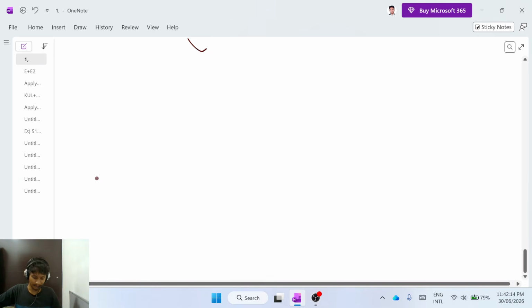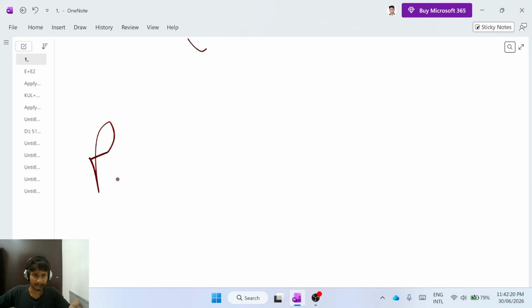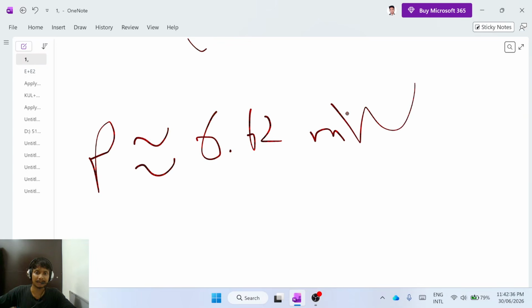If you calculate that equation and sum it up, you will get P approximately equal to 6.62 milliwatt, which means 6.62 into 10 to the power minus 3 watt. This is the final answer.